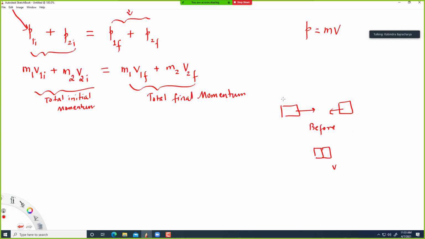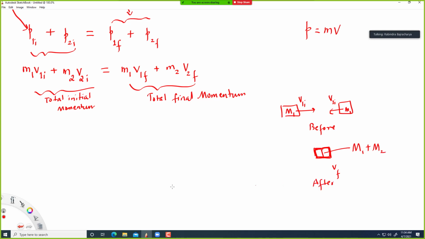Let's say this is m1, this is m2, and velocity of this one is v1 initial and v2 initial, and this is, let's say, v final. What would be the mass of this entangled object? Yes, m1 plus m2. So this is after.